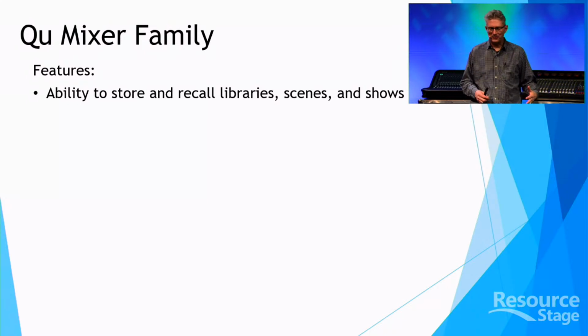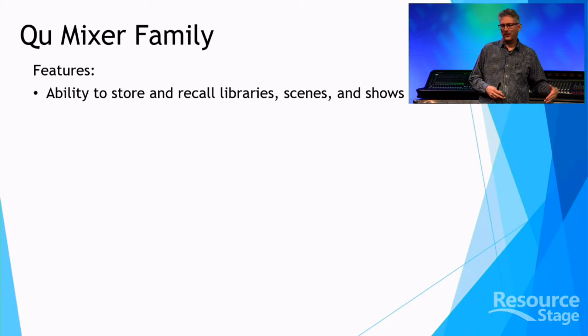Libraries is basically everything associated with the one channel. So if Sarah comes up and sings really nice on a Sunday or for a performance, and you say, I really want to store those settings for when she sings next, you can store that to a library in the QU mixer.